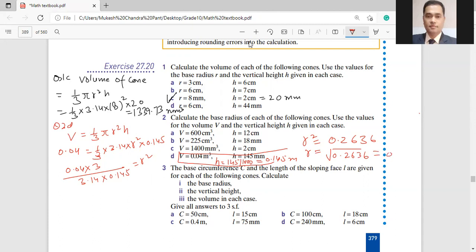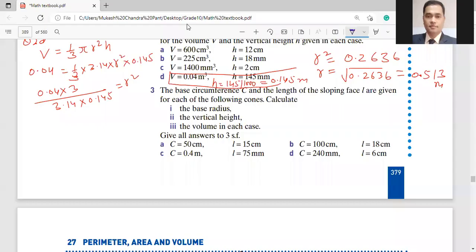That's why round it up to 0.513. Write this up to 3 significant figures. This much meter. C means circumference of the base. L means sloping height or slant height.